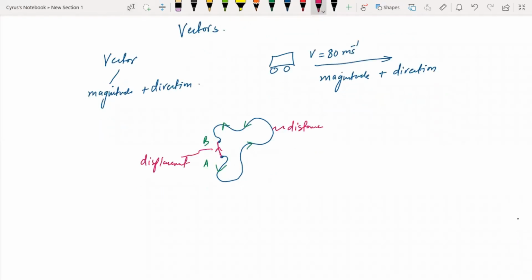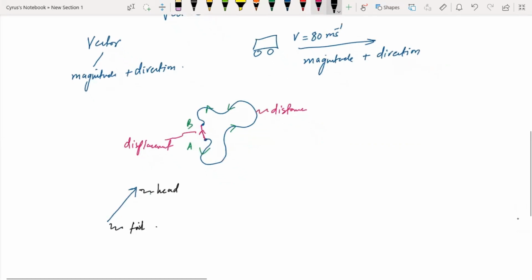How do you define a vector? A vector can be defined by an arrow diagram. You see here that this is the head of the arrow, and this is the tail of the arrow. To explain it further, a vector is wholly described like this. For example, this angle is theta.